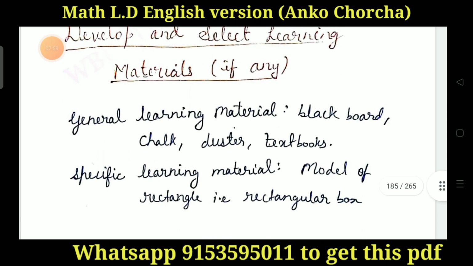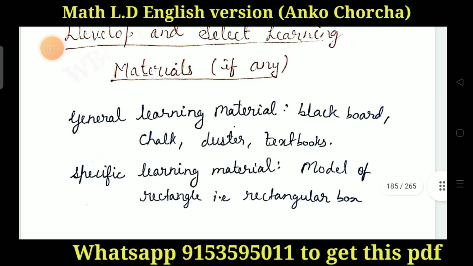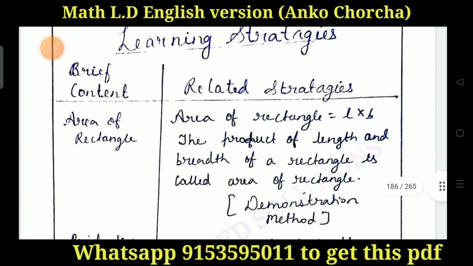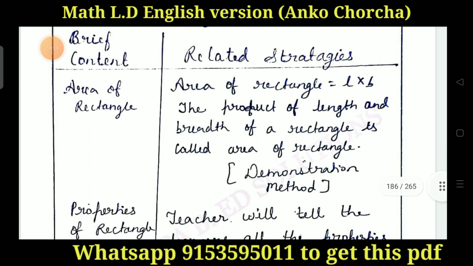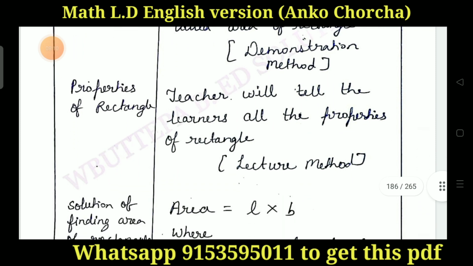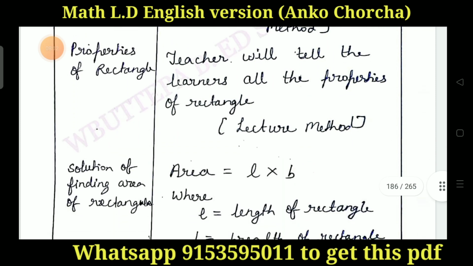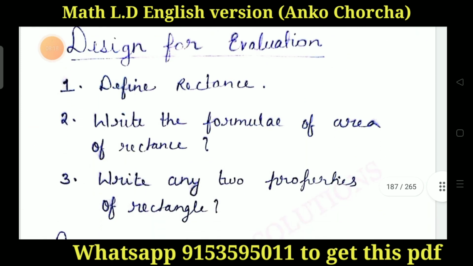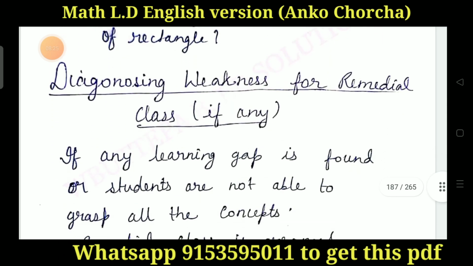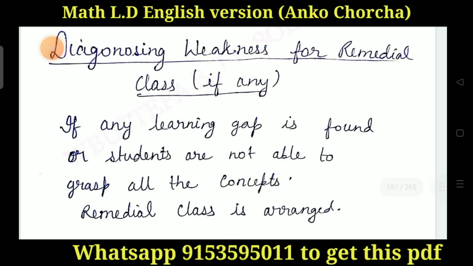Develop and select materials. Learning strategies, two parts: brief content and related strategy, area of rectangle, properties of rectangle, solution of finding area of rectangle. Design for evaluation: define rectangle, write the formula of area of rectangle, write any two properties of rectangle. And lastly, diagnosing weakness for remedial classes, if any.